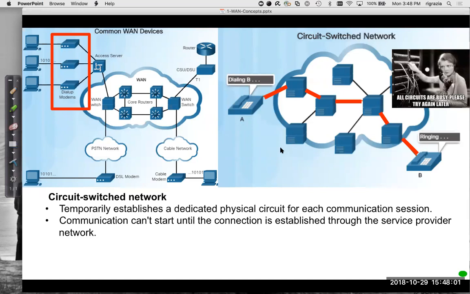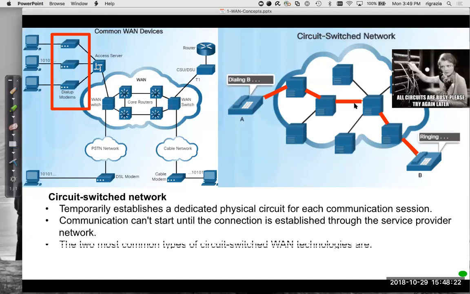But if the number of people requiring a circuit exceeded the number of circuits that were available, then you get all circuits are busy, which is very common during the busiest day of the year for making a phone call, which was Mother's Day.